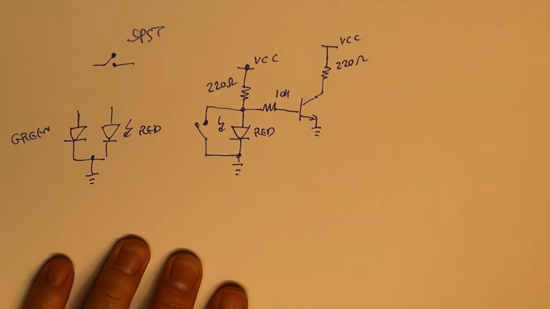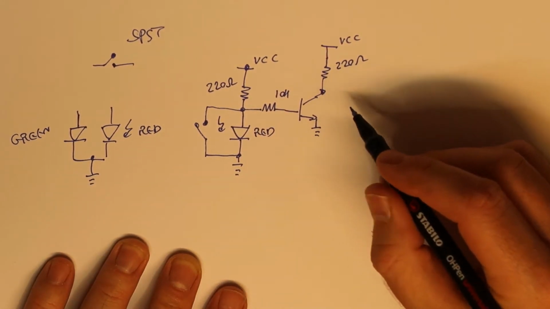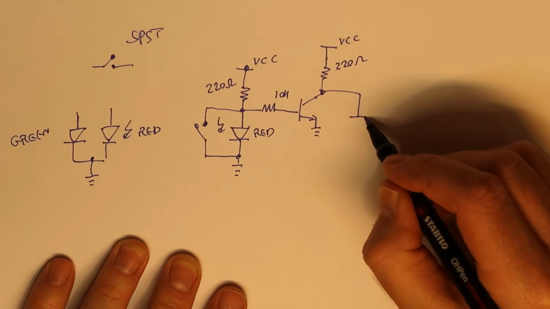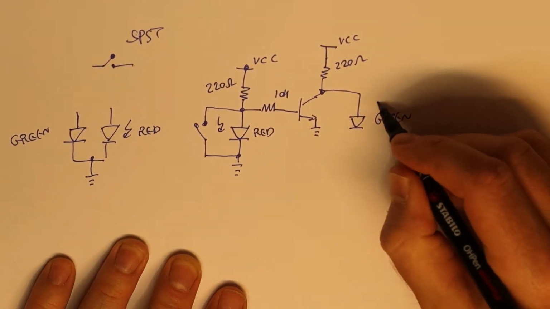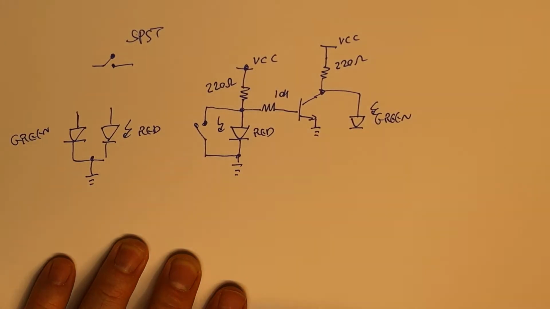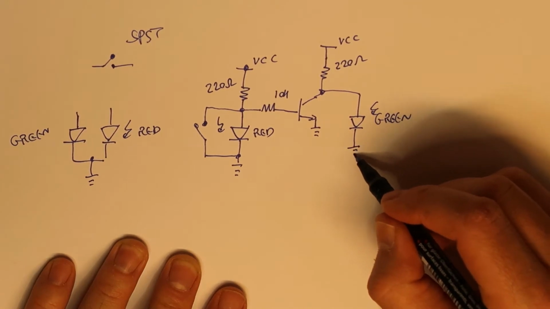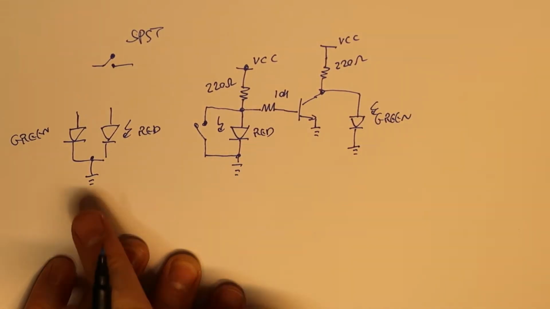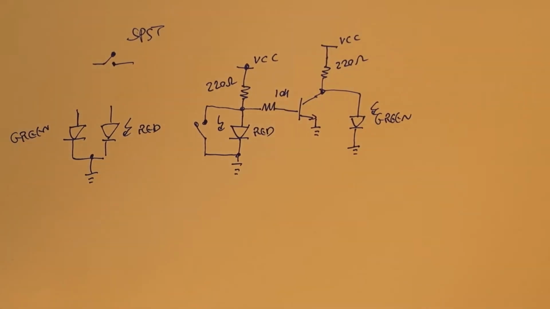And now what I'm going to do is connect this output of the collector to the other LED, which is the green, and then this will go to ground. Now, of course, this is the same LED, okay? It's connected, remember, with the common cathode. Now I will explain how this works.